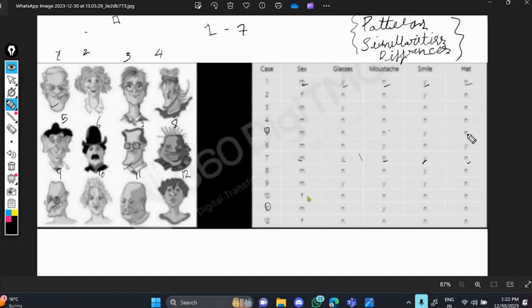And one is wearing a hat and the other one is not. But if we are talking about similarities, they have four similarities. So we can also make a cluster of them. So this is the perfect example of how clustering works, right?